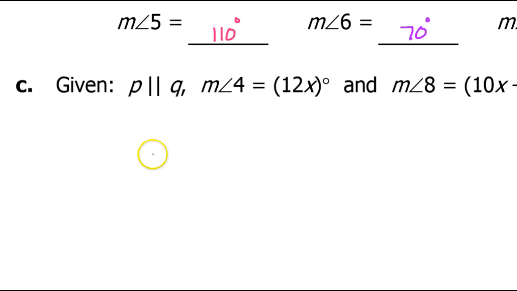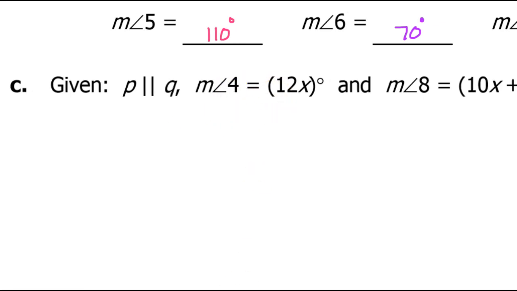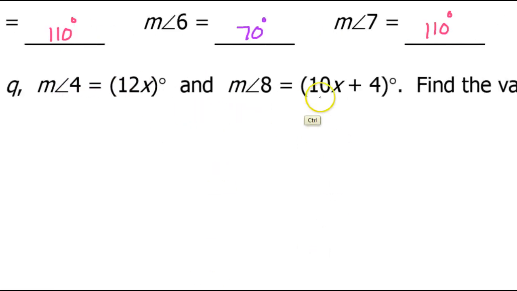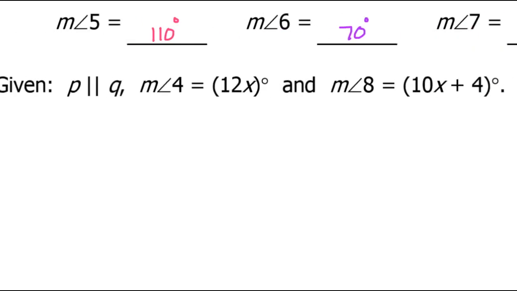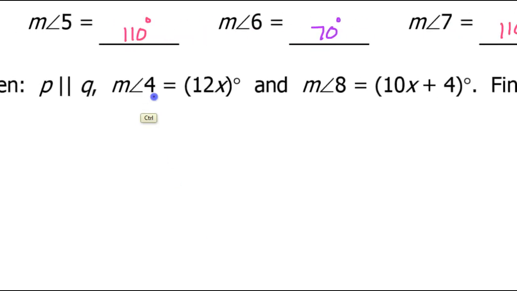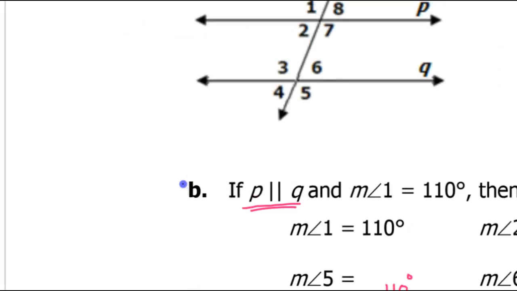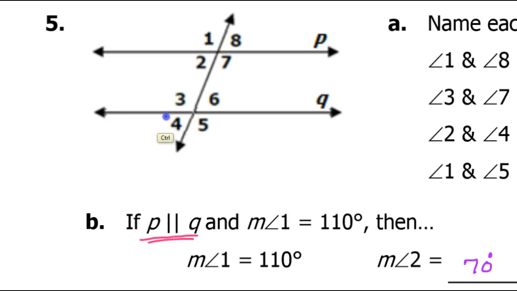For part C, we are given an expression for the measure of angle 4 and for the measure of angle 8, and we're supposed to find the value of x and the measure of angle 2. It all starts with angle 4 and angle 8, so let's take a look at those. Here's angle 4, and here's angle 8.